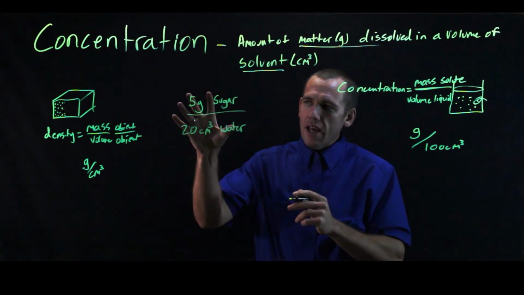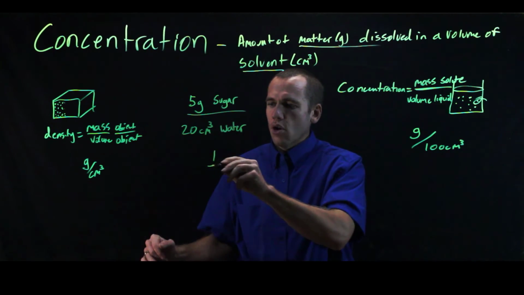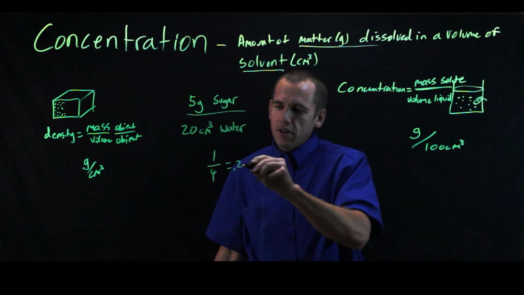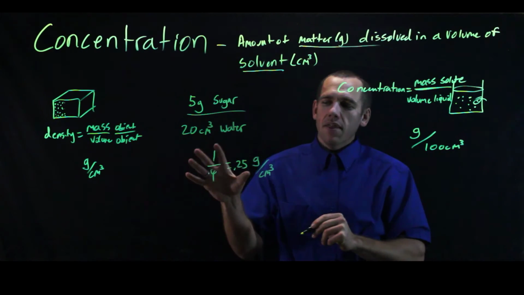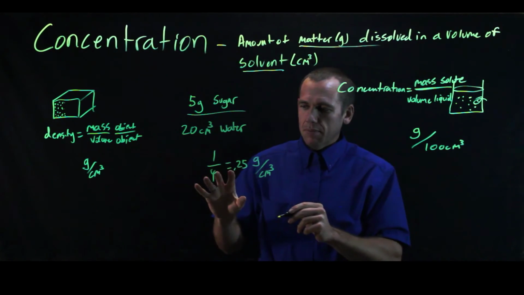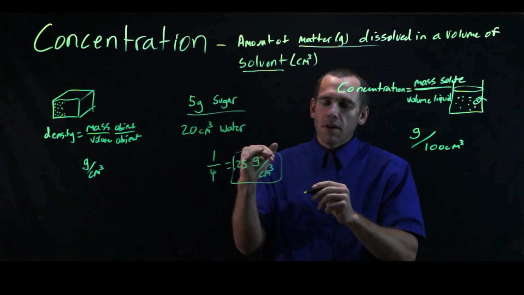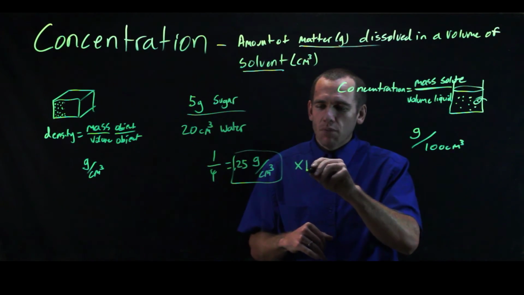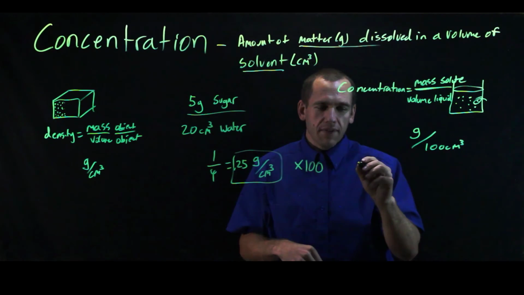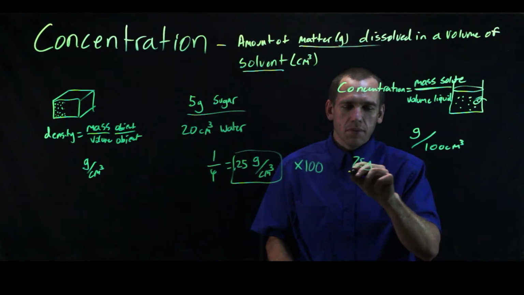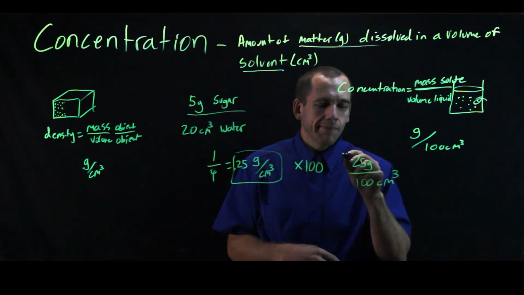Well, if I just do that math, 5 divided by 20, that's 1 over 4, or 0.25 grams per cubic centimeter. But I want that per 100 cubic centimeters, right? So 0.25 grams per cubic centimeter. If I want it per 100, then I'm just going to go ahead and multiply it by 100. And so what I get from that is 25 grams per 100 cubic centimeters.